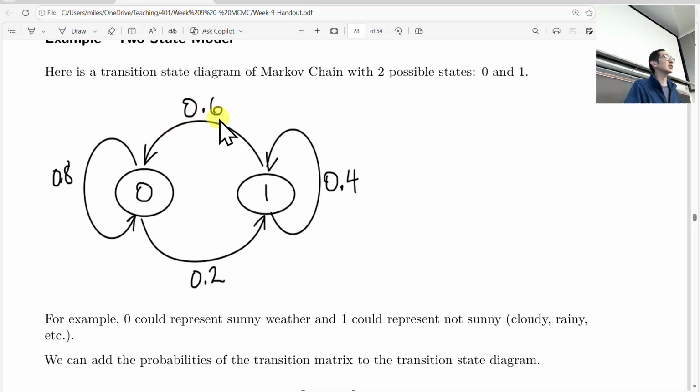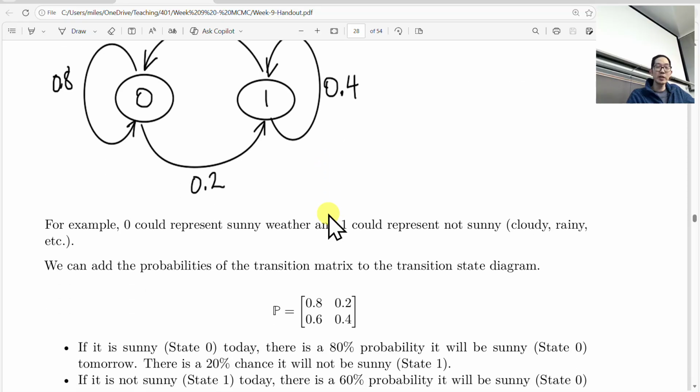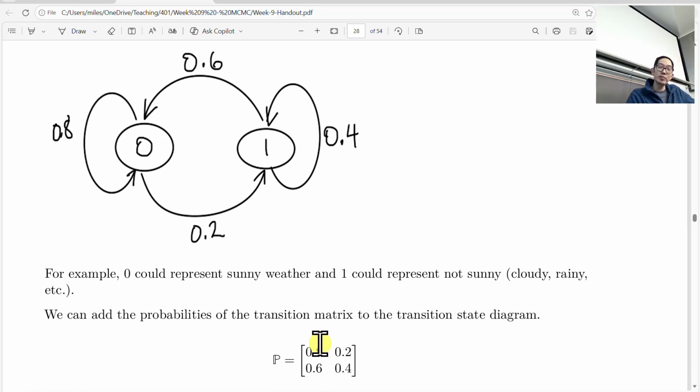So the arrows originating at 0 add up to 1, and the arrows originating at 1 also add up to 1. Our probability transition matrix looks like this. Going from 0 back to 0 is 0.8, so that's the top corner, P00. Going from 0 to 1 is 0.2, that's P01.